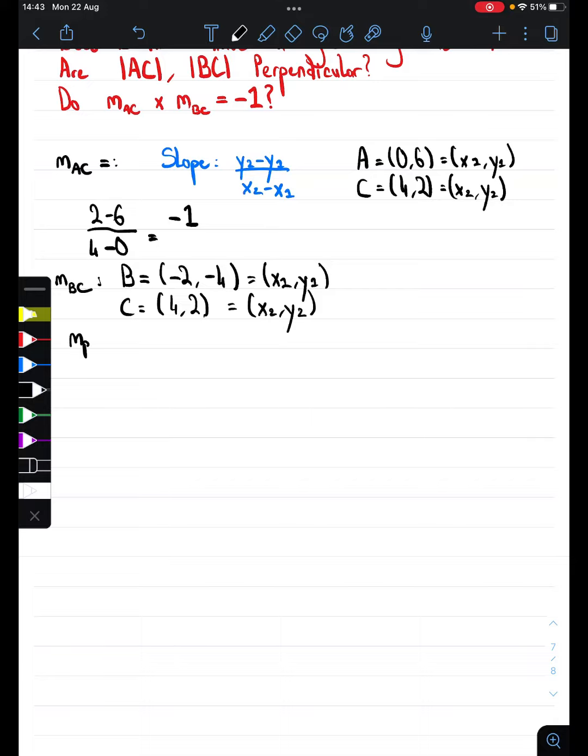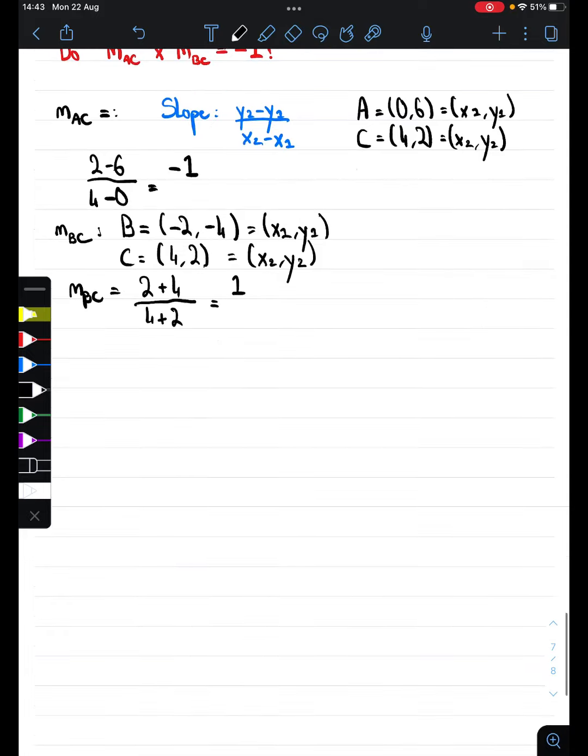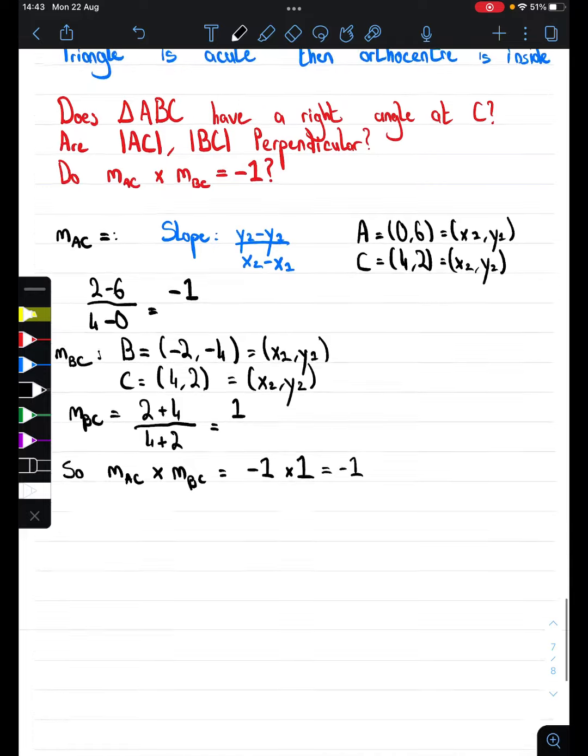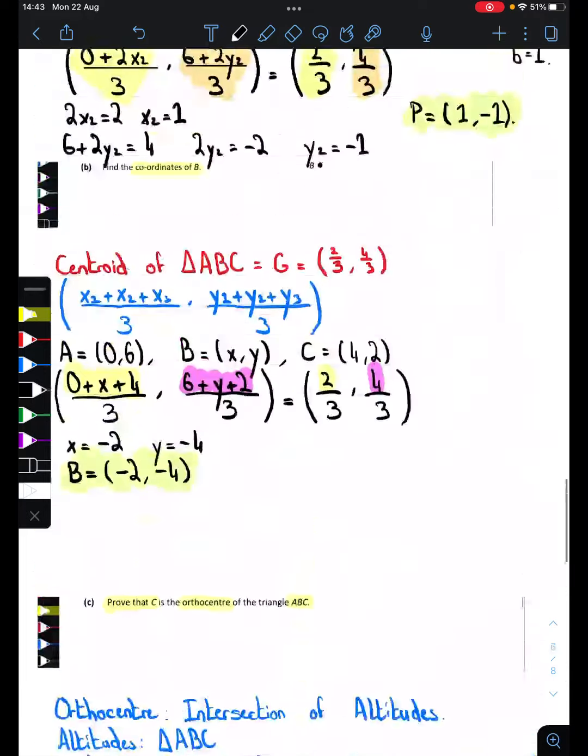Then our slope, M_BC, is (2 minus 4) over (4 minus 2), so this equals minus 1. Hmm, so the slope of AC, minus 1, times the slope of BC equals minus 1 by 1, which equals minus 1. So AC and BC are perpendicular.